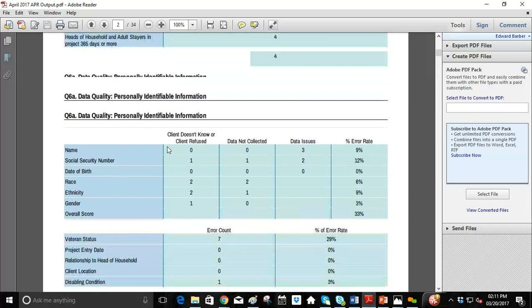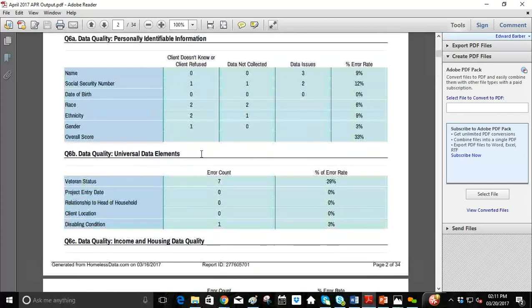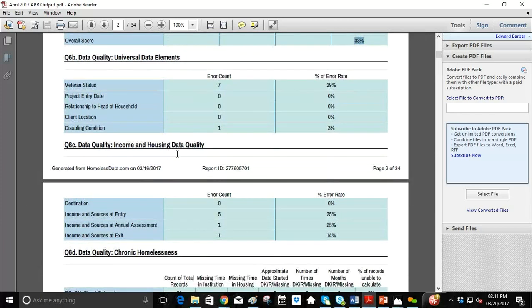You've got these real demographics, and they're also applying scores now. These are non-demographics, but they are also part of the universal data elements. And then what we get into is some of what used to be the program elements.